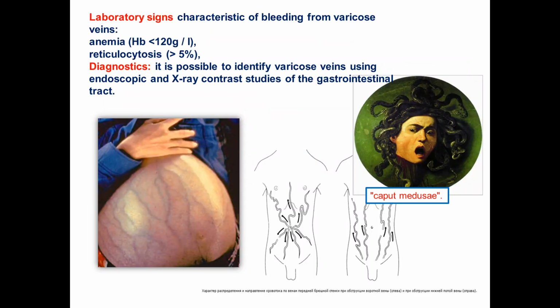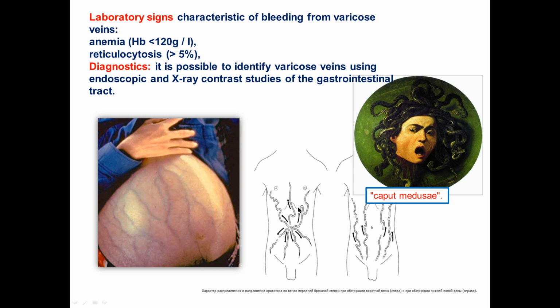In the laboratory, you can find characteristics of bleeding from varicose veins or complications of bleeding such as anemia and reticulocytosis. Instrumental diagnosis identifies varicose veins using endoscopic and X-ray contrast studies of the gastrointestinal tract. Clinically, it appears as caput medusae. You see enlargement of anterior wall veins.